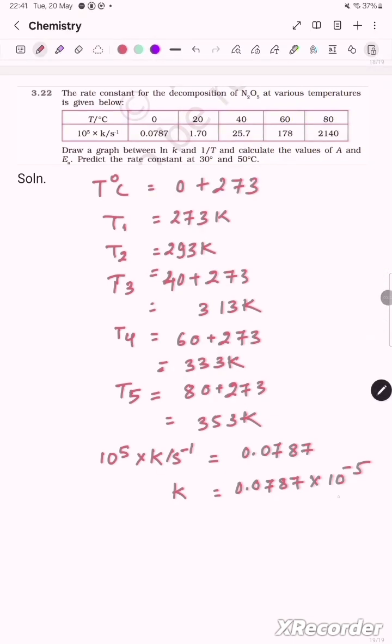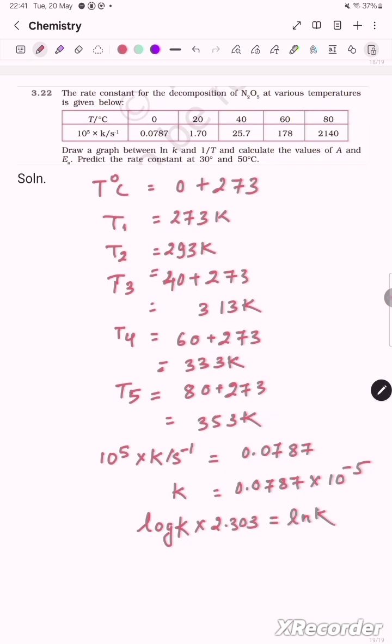Now this is given as log k, and we have to calculate ln k. The relation is ln k equals 2.303 multiplied by log k. Simply multiply by 2.303 and we get the ln k value.